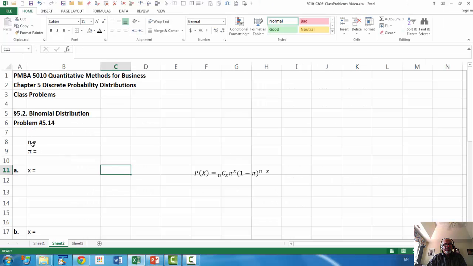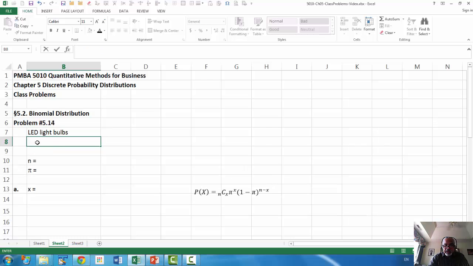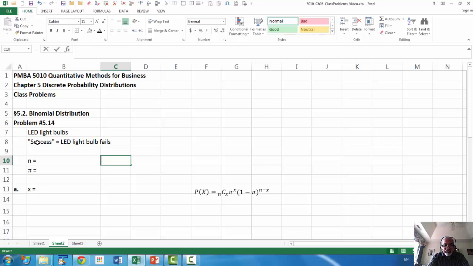Here in our experiment, we are talking about LED light bulbs, and let's define success: the LED light bulb fails. Now we have number of trials is 10, pi is 0.05.